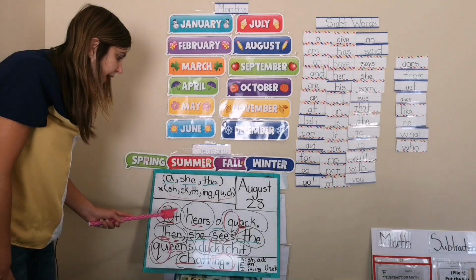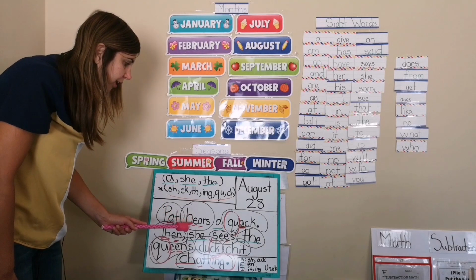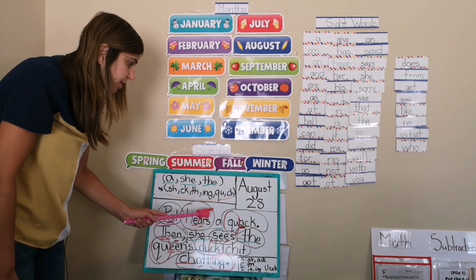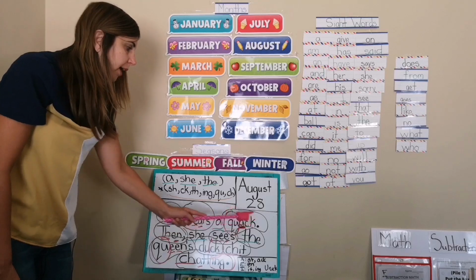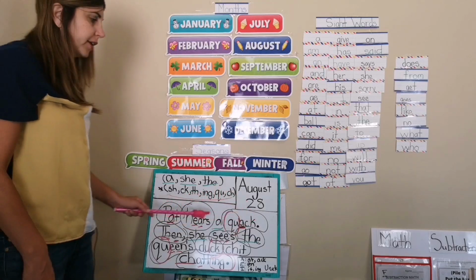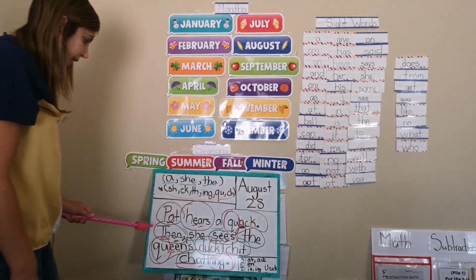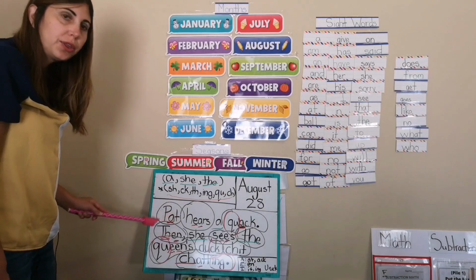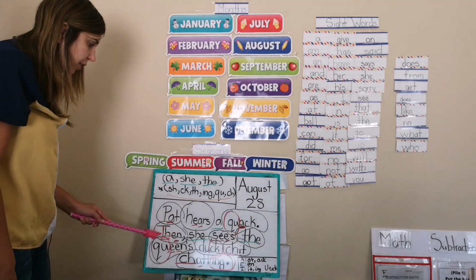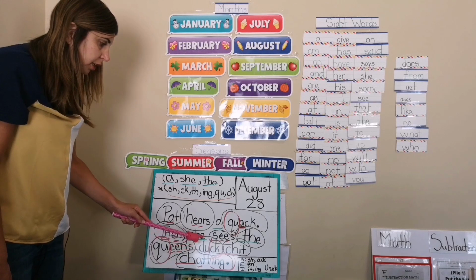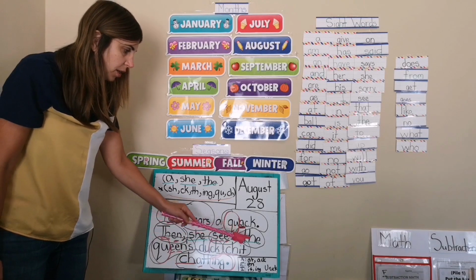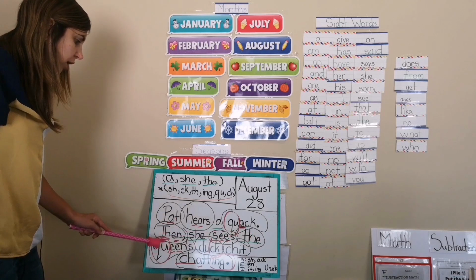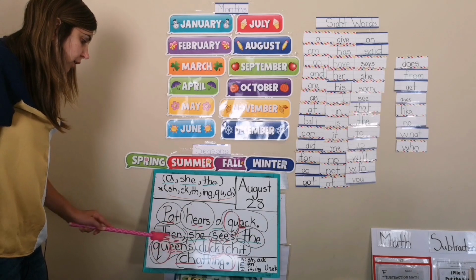At, pat, ear, hears, a, qua, ack, quack. Pat hears a quack. Next sentence. Then. She sees the queen.